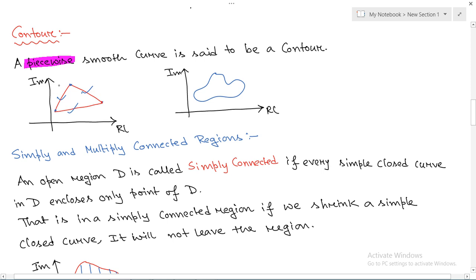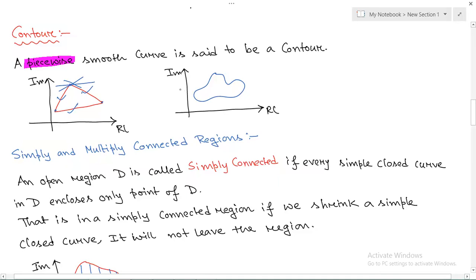At the corners, a unique tangent is not possible. We can draw infinitely many tangents through these vertices. So these points, the vertices, are not the points where the function is differentiable. Here this curve is not differentiable at these vertices, so we will not get a unique tangent at these vertices. But except for these points, along the straight lines, a tangent can be drawn at each and every point, and that will be a unique tangent.